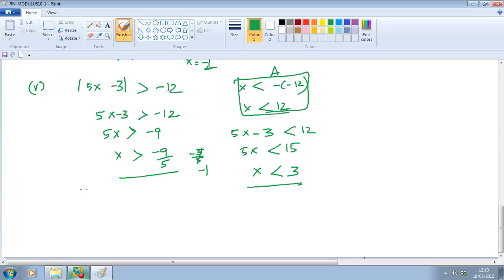Then it becomes minus 5 minus 3. When you take the modulus of minus 8, it is equal to 8. Modulus is always positive.